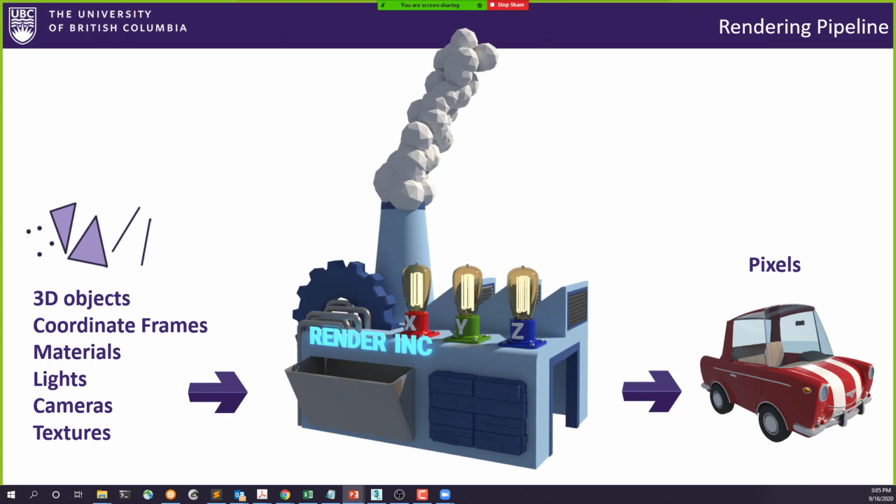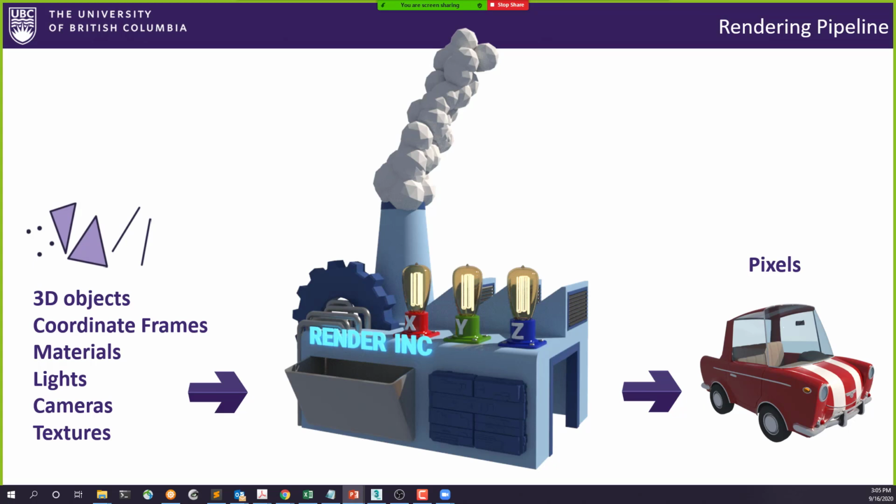We haven't talked in depth about coordinate frames; that will be the lecture on Monday, I think. We also have materials, right? Colors or textures, information about the lights, the type of lights, the cameras, and obviously the coordinate frame of the camera. So we have a lot of information, and we need to take that information into this tiny factory that has different stages inside. And in the end, we have this beautiful car, right?